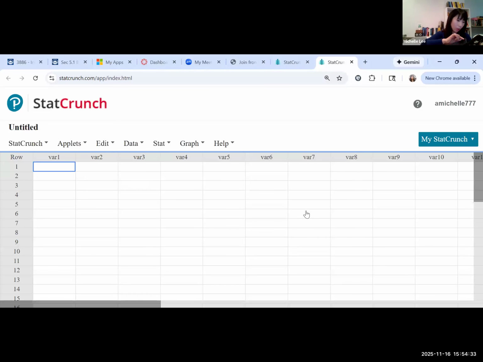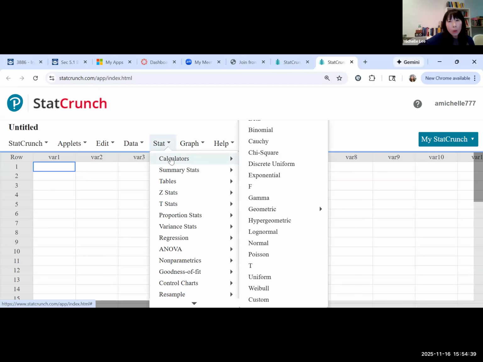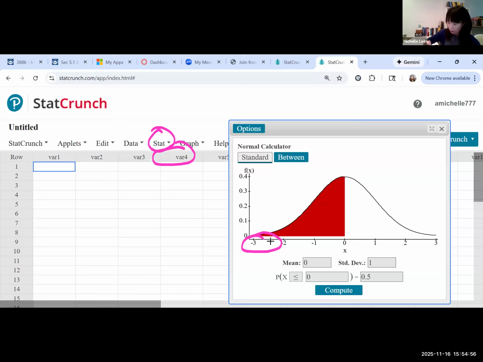Let's go to the stat calculator, normal, right? Let me highlight this one. Stat calculator, normal. Yeah, click that.